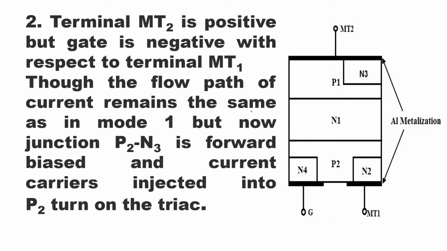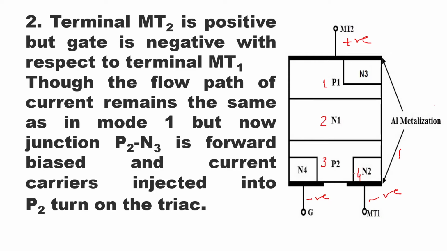In the second mode, the same thing will be there. MT2 is positive with respect to MT1, so MT1 is negative, and here the gate we are making a negative supply. Again the flow of current will be the same, P1, N1, P2, N2, through the first, second, third, and fourth layers.